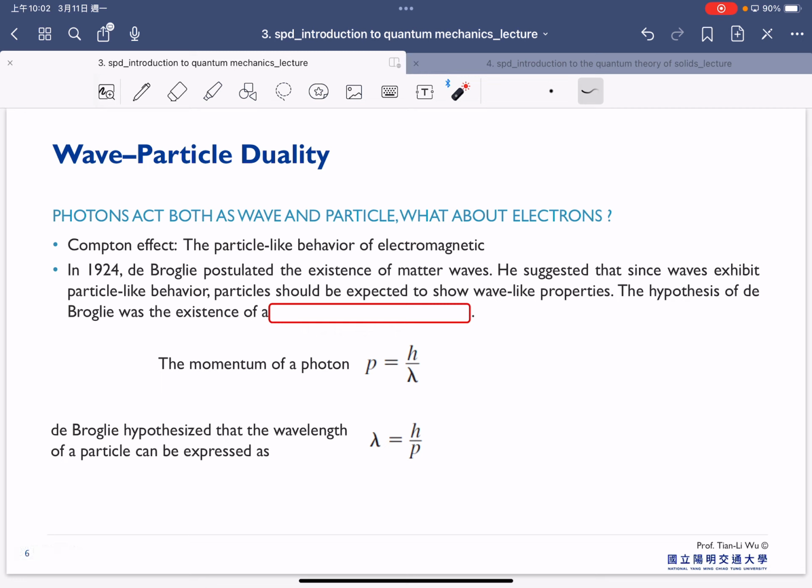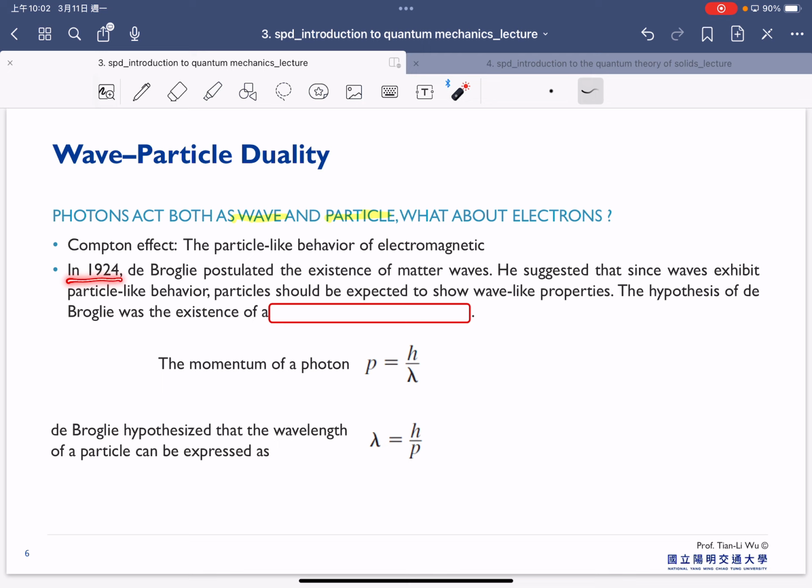And next is also pretty well known. That's what we call the wave-particle duality. That means the photon acts both as a wave and as a particle. And how about the case of the electron here? There's the Compton effect, which is a particle-like behavior of electromagnetic waves.